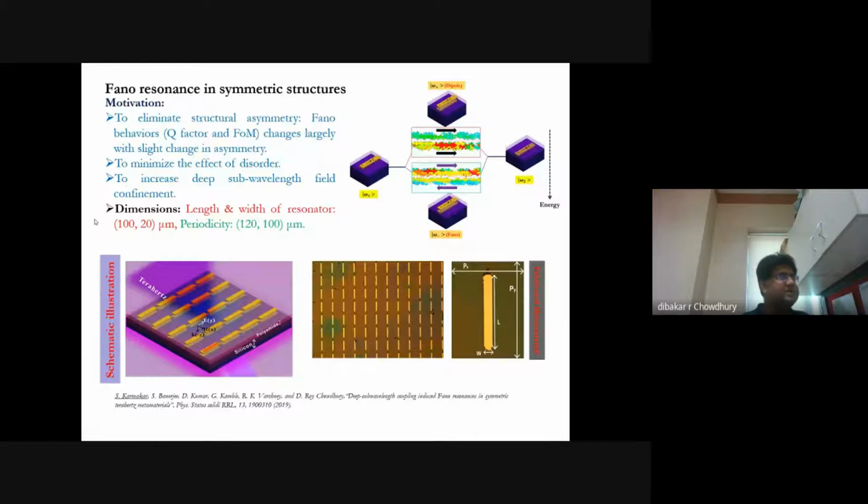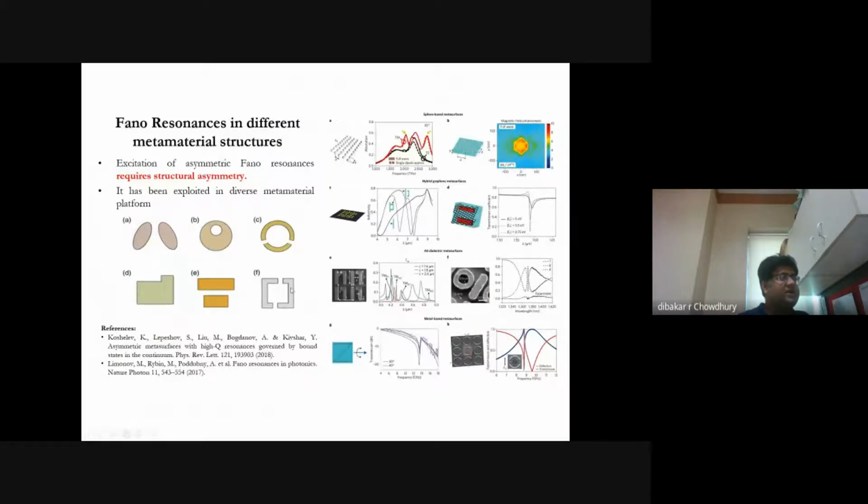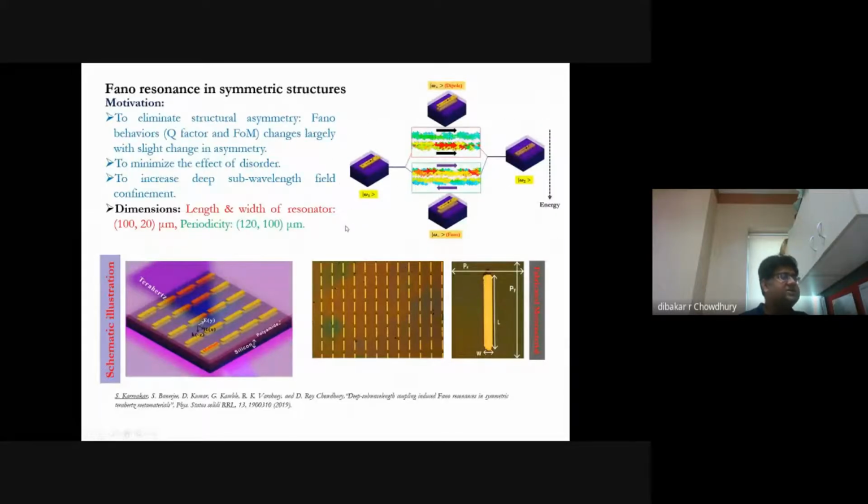If that can be done, the advantage is that we can overcome the fabrication uncertainty, because although we design a structure with a particular asymmetry, because of the fabrication intolerances, you may not achieve it, so you may not get the best Fano mode. But if it is a symmetric structure, then this can be to some extent immune to those asymmetry fabrication tolerances. Although there will be fabrication tolerances, they may not matter to that extent.